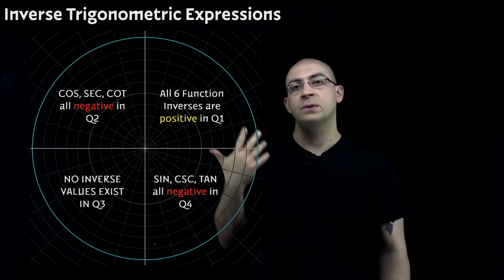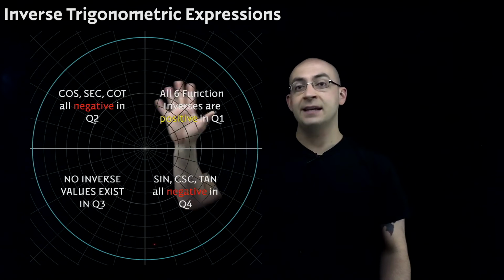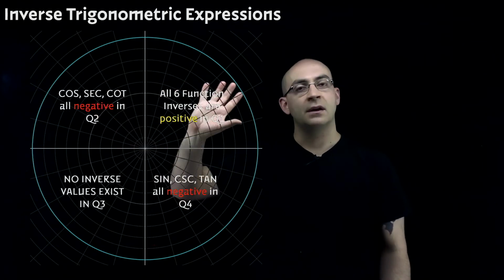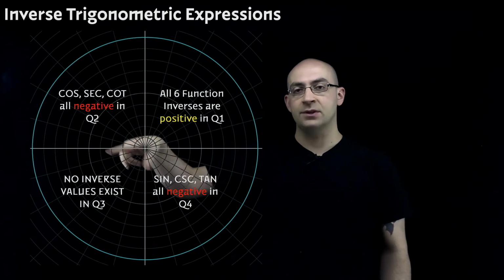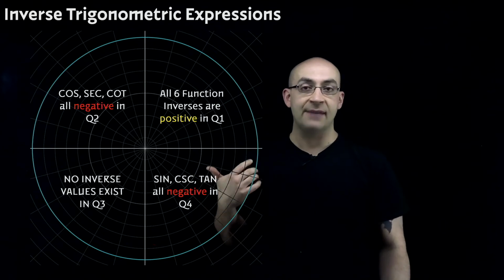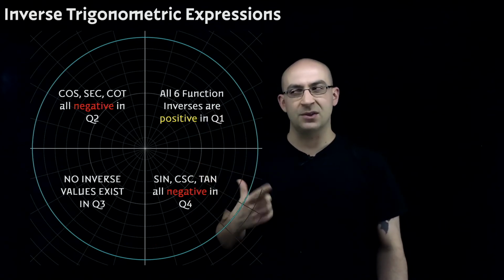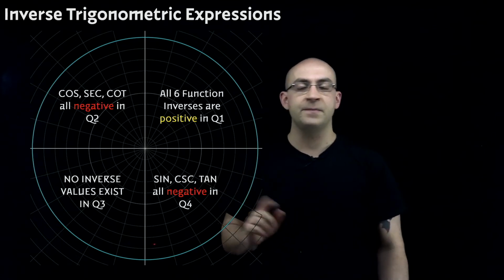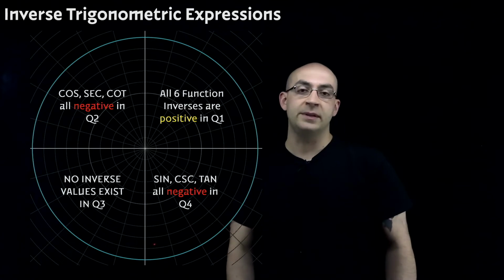Now, again, when we talk about domain and range, that makes sense because cosine is alive, if you will, up here in quadrants 1 and 2. It's just negative in quadrant 2, right? Secant, obviously, because cosine and secant are inverses of each other, has to follow the same path. Now, cotangent and tangent are a little bit different, which we'll get into, if not a little later, maybe in another video. And then in quadrant 4, sine, cosecant, and tangent will be negative, right?